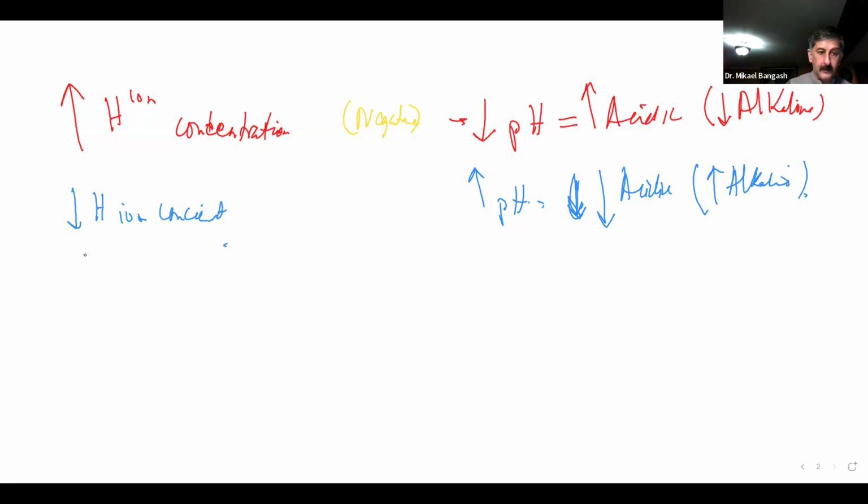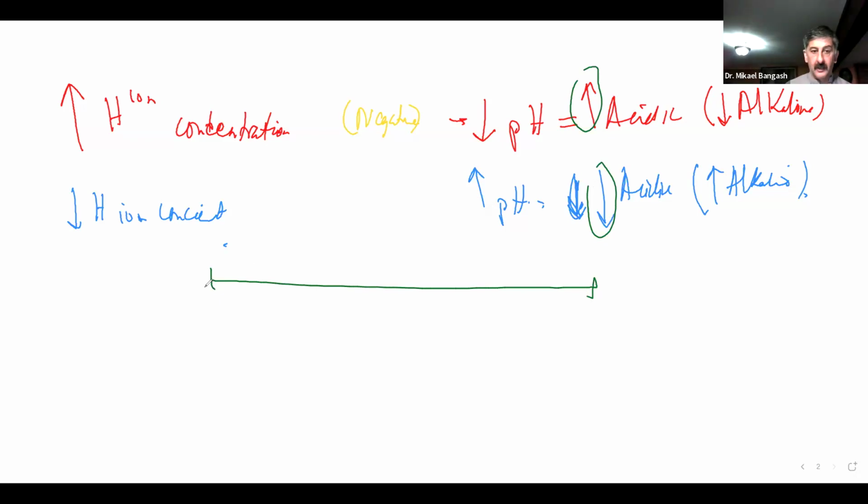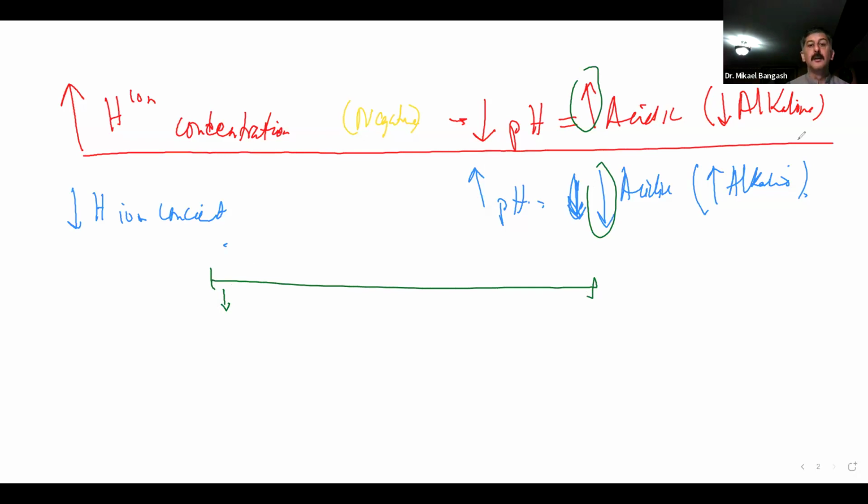And what do we mean by this? An arrow here is just the number on the scale. A smaller number on the scale is this. A greater number on the scale is this.